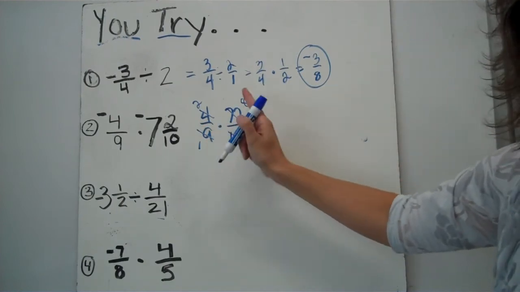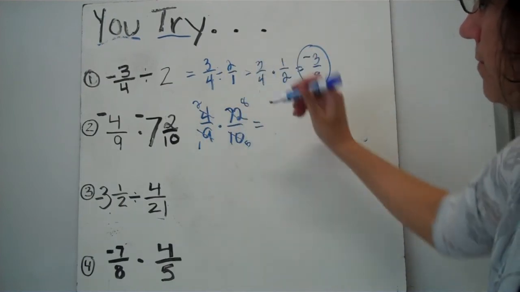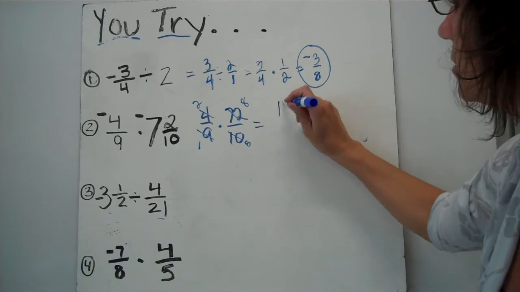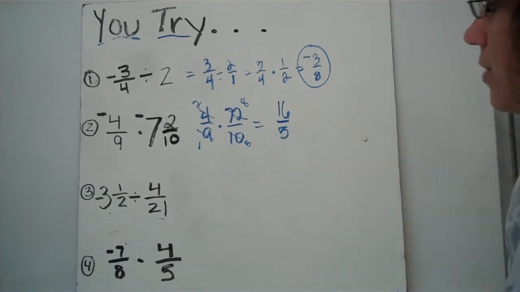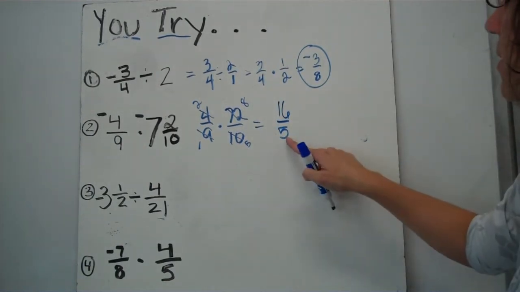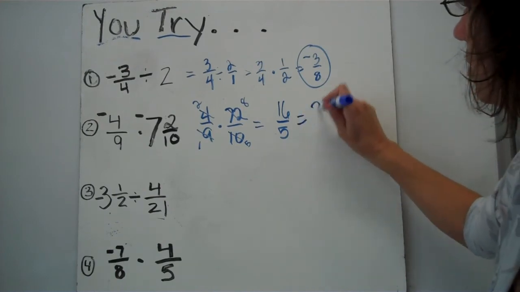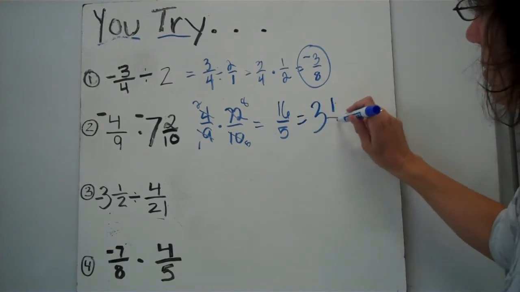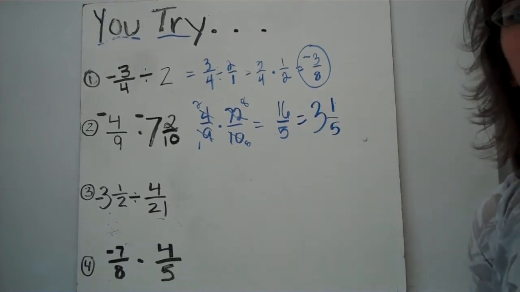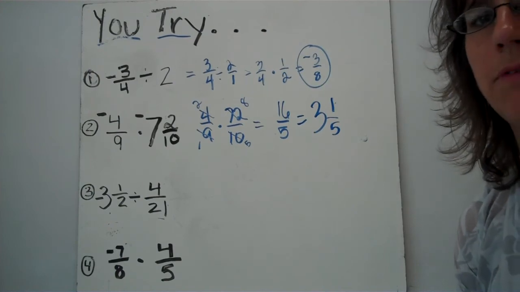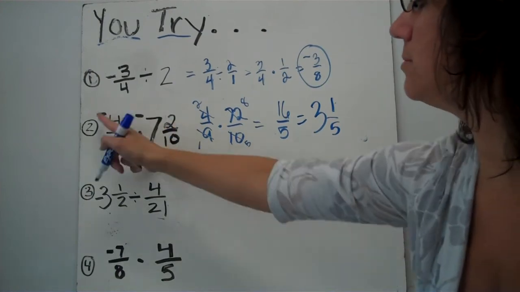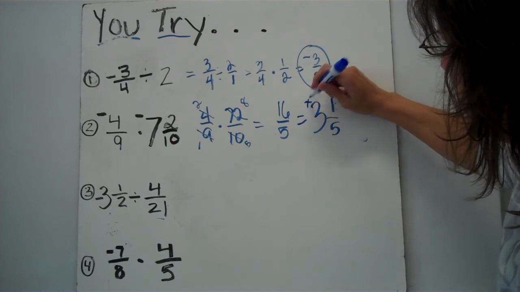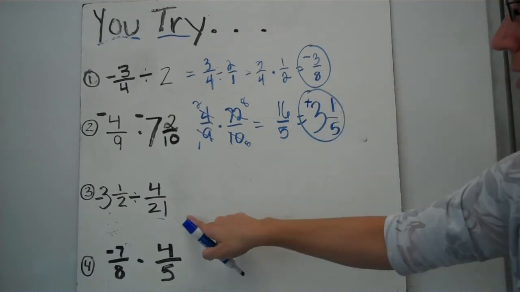Notice I divided by 9, and then I divided by 2. All right, now I can go straight across, and reduce from there. How many 5s go in 16? And how many left over? All right, now I go back and check my integers as my final step before I circle my answer. Same signs, positive.